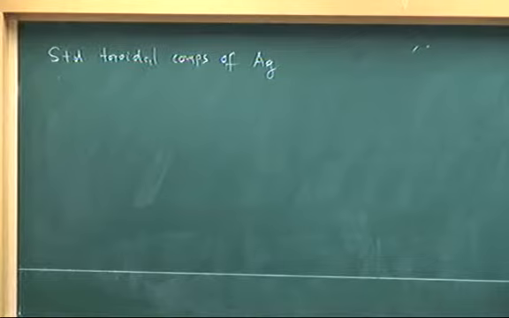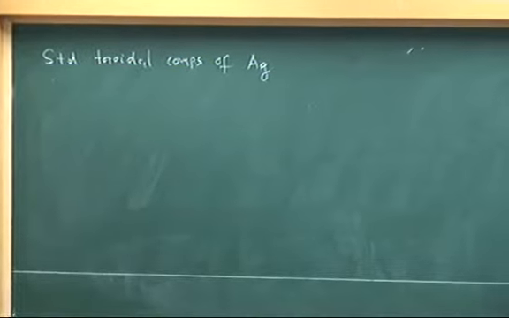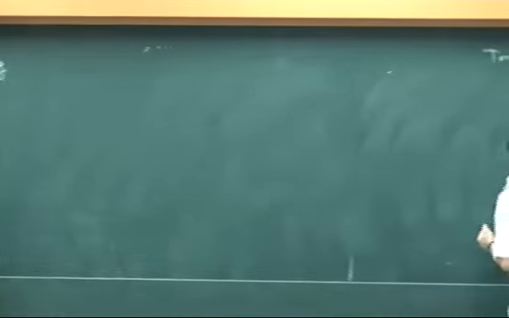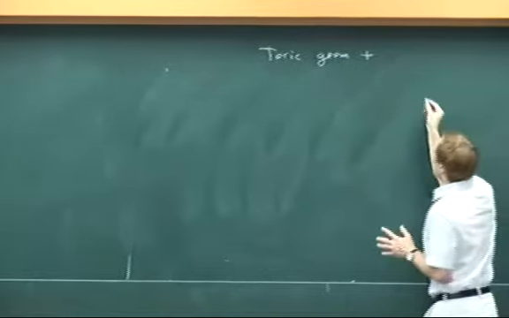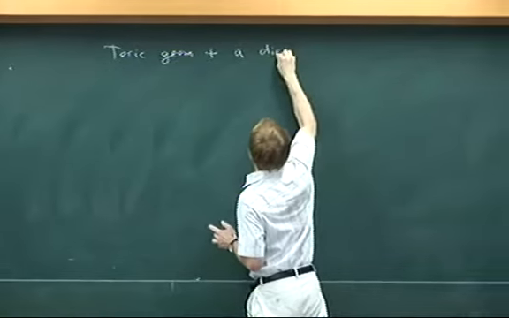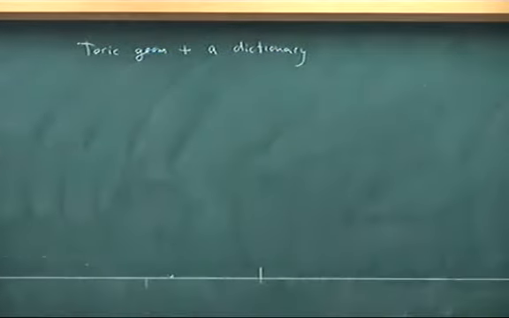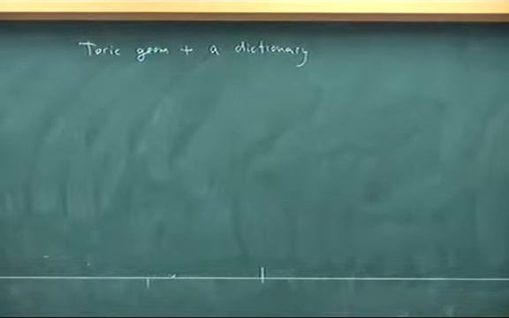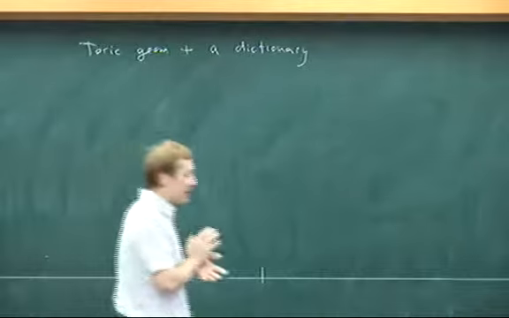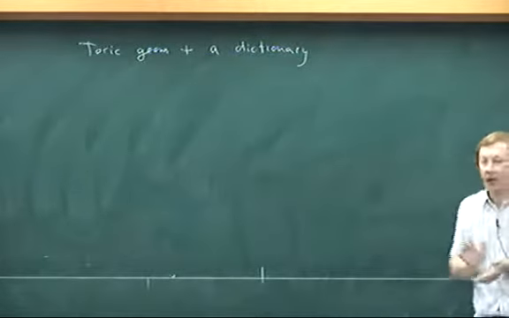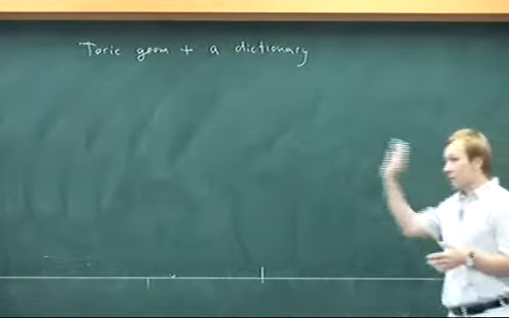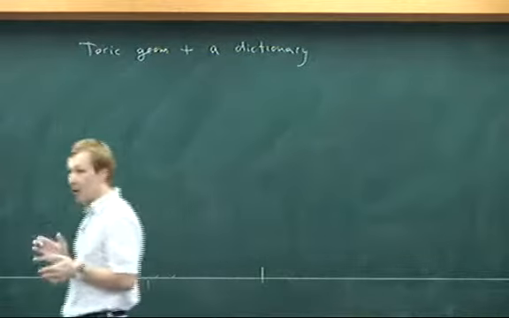But if you know some toric geometry, and you know a dictionary of how to translate your knowledge of usual toric geometry to this situation, then it becomes very easy to understand. Maybe still not easy to prove, but easy to understand. So let me tell you this dictionary.